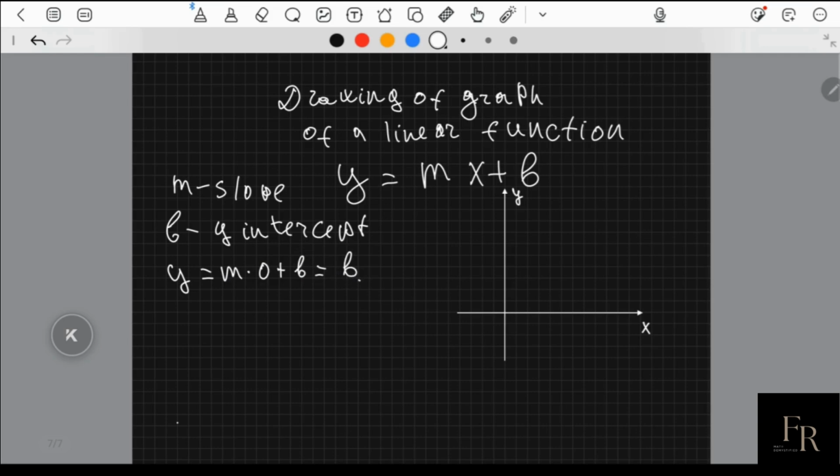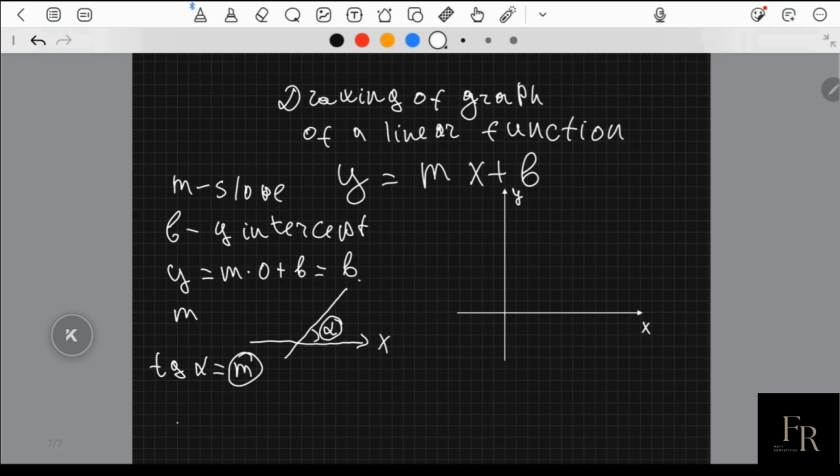That's why it's called the y-intercept, where the line intercepts the y coordinate axis. And m is called the slope. Basically, if the angle is this, let's say, from the x-axis, and you find the tangent of this angle, it will equal m.